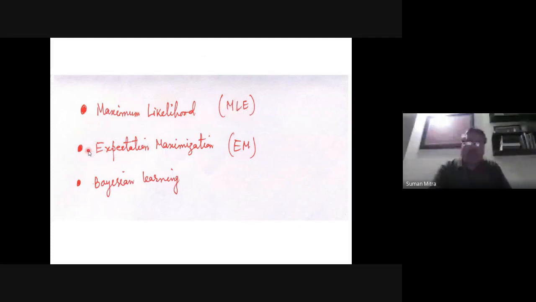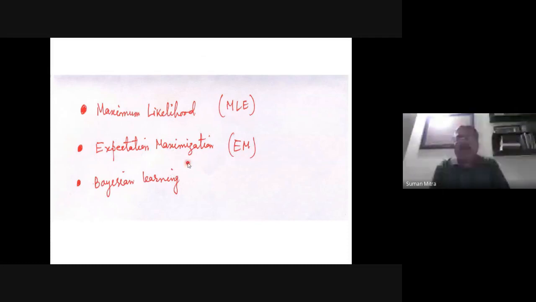Another one, which is mostly used for the Gaussian mixture model, is called expectation maximization, EM. Another one is Bayesian learning. Let me see if I have time, I will talk about Bayesian learning also. But it is a little bit tough. Mostly, let me first go through maximum likelihood and expectation maximization.